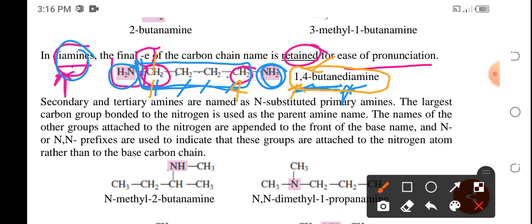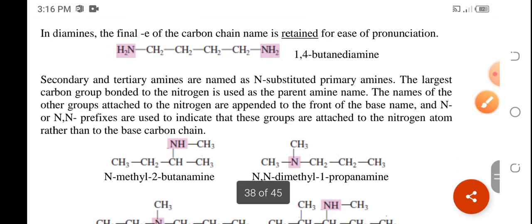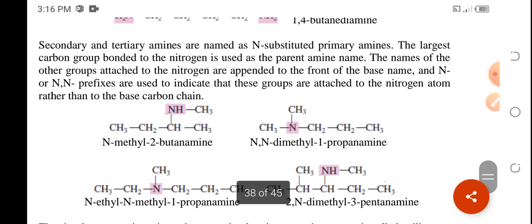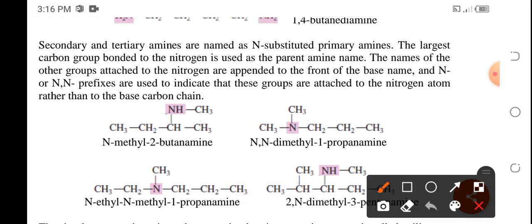Okay, now what about how to name the secondary and tertiary amines? These are known as the N-substituted primary amines. So we have to make use of the locant N to denote any substituent being attached on the nitrogen.